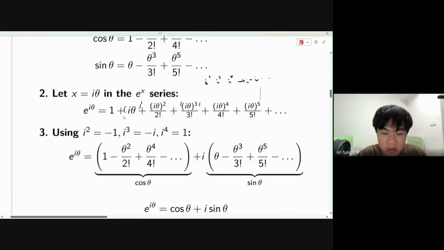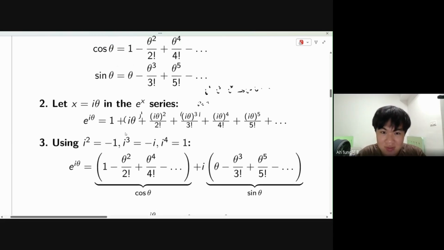So the odd powers give the imaginary part, while for the even powers of I, something like I theta squared, we know I squared is minus 1, so I theta squared is minus theta squared.